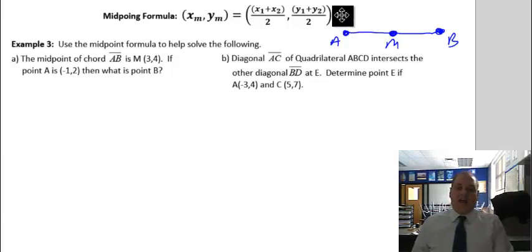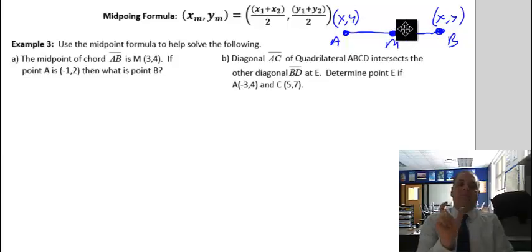Well, if I have an xy value here, and then I have an xy value here, I have a point here and a point here, I need the middle of the x's and I need the middle of the y's. So I need the average of the x's and the average of the y's. How do you take an average? You add two numbers and divide by 2.